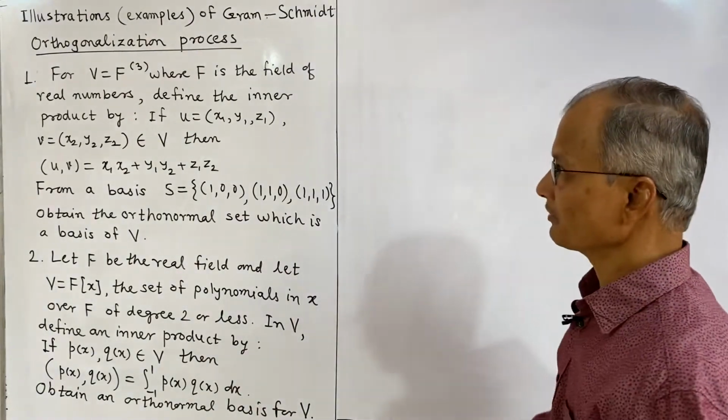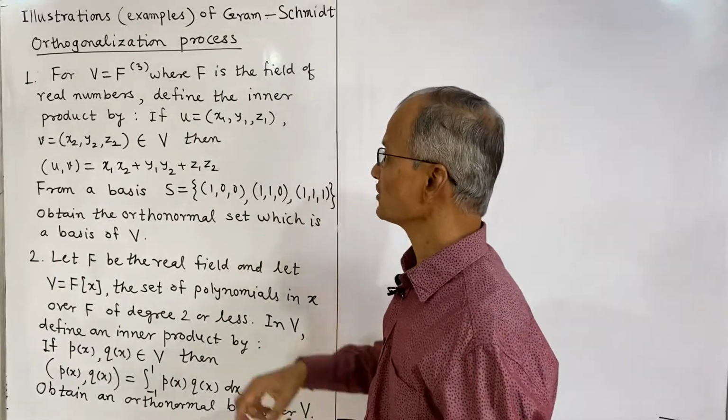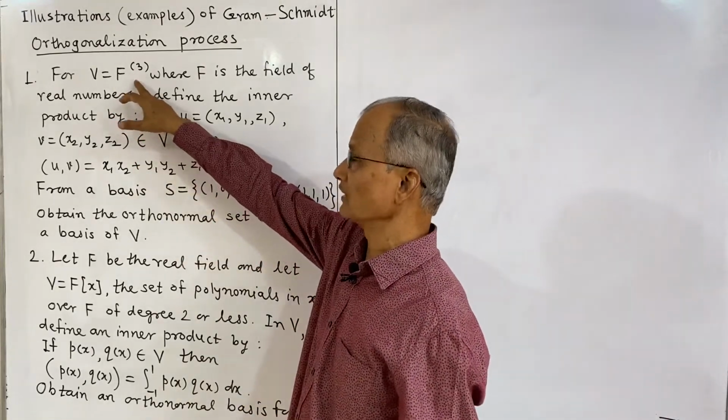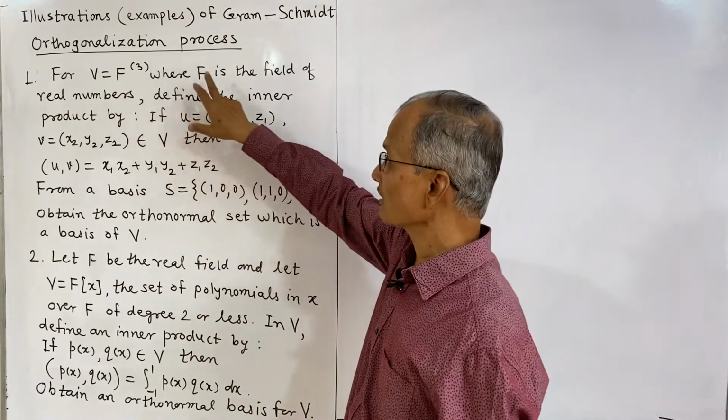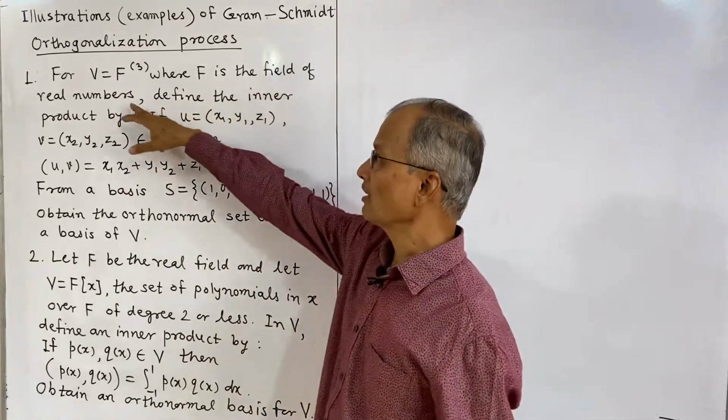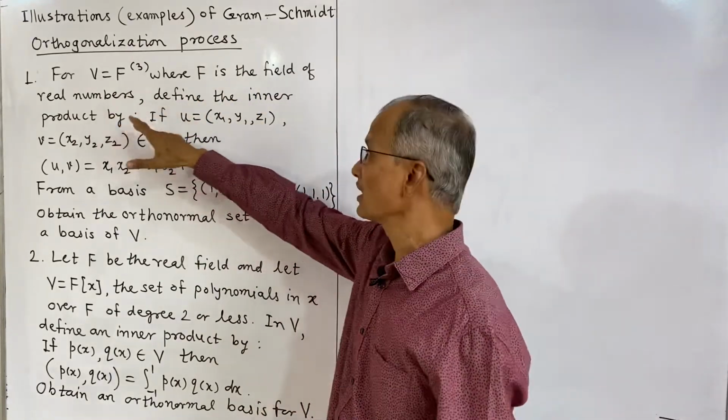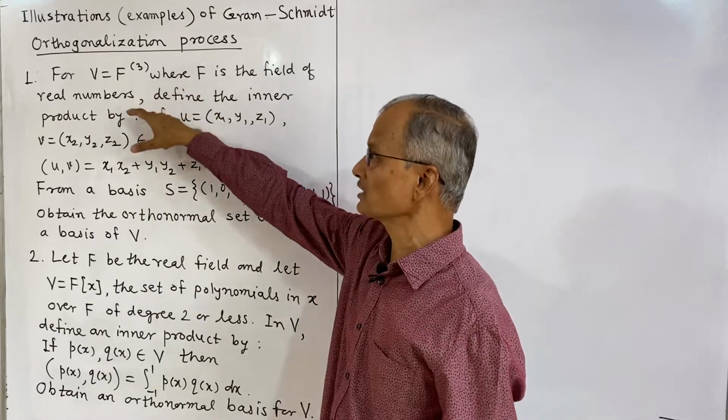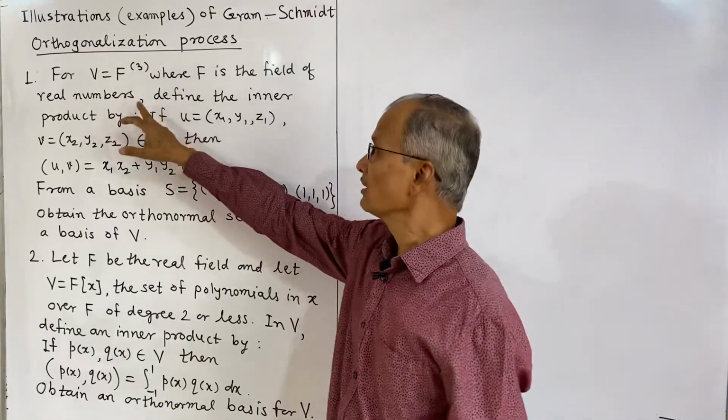The first problem is, here the inner product space is V, which is F3, three-dimensional real, where F is the real field, or field of real numbers, and therefore, this is a three-dimensional Euclidean space.